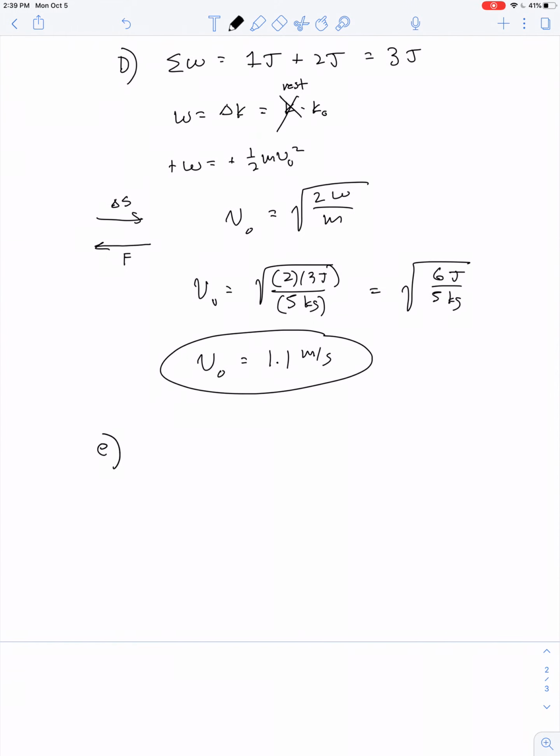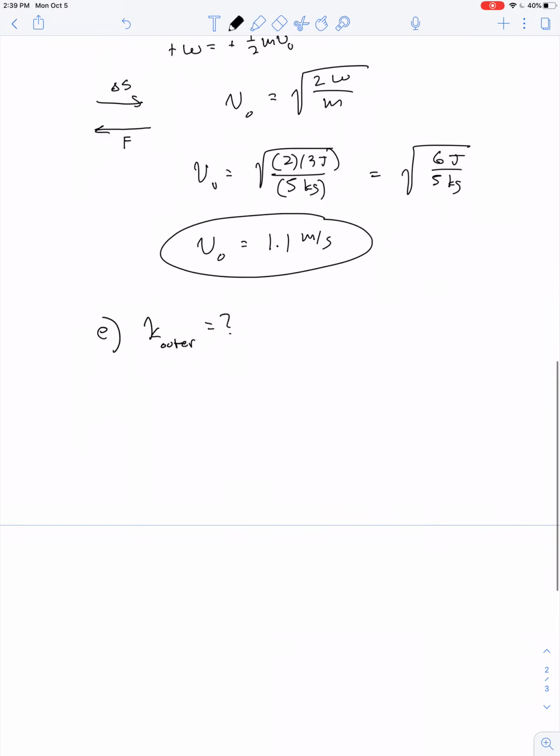For part E, in order to find the K value of the outer spring, we're going to say that the work from point A to C, which we know to be equal to 3 joules, comes in 2 parts.